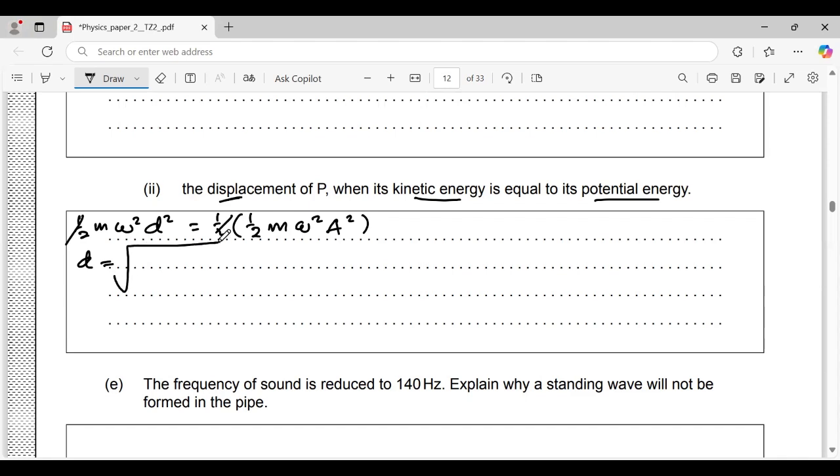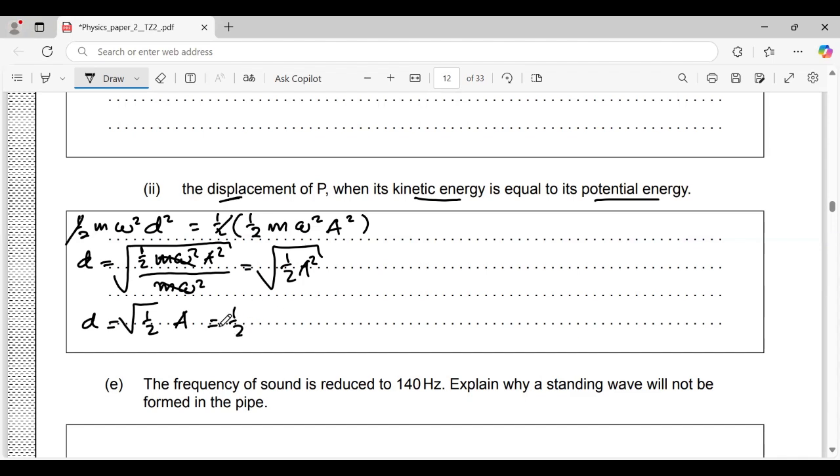So it's going to be the square root of half a squared, so d equals square root of half times a.